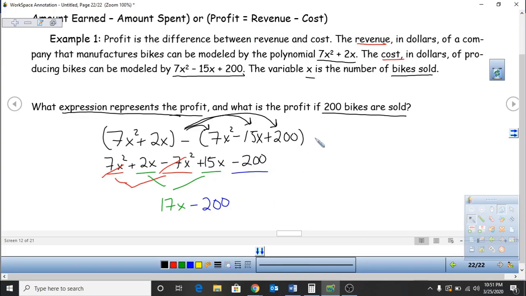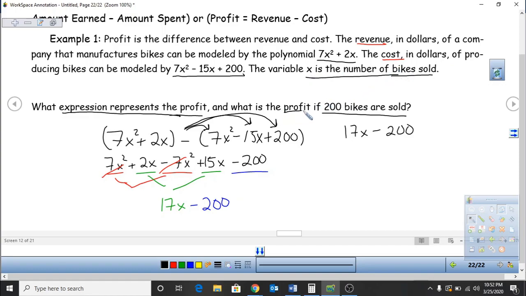So the expression that represents the profit, because again, I just applied the formula for profit, is going to be 17x minus 200. Now the question says, besides finding the expression, so this is answer number 1, I also need to know, what if I sold 200 bikes, what would my profit be? Well, if you remember the rules that we've learned in algebra, it gives you a clue right here. It says the variable x is the number of bikes sold.